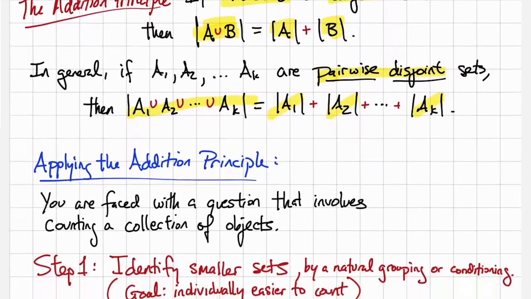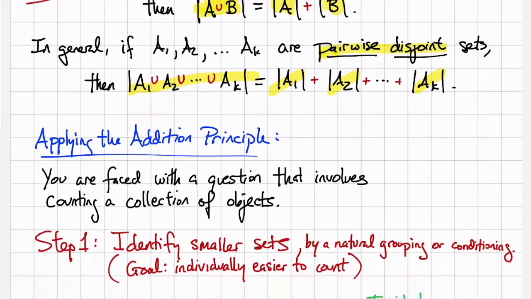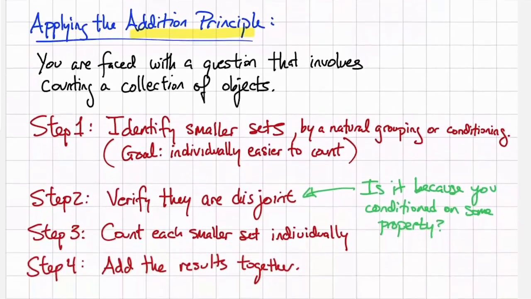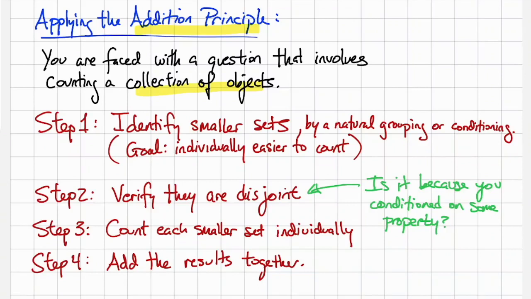So let's say you're in a situation where it makes sense to apply the addition principle. You have some question that involves counting a collection of objects. You should follow the following steps. Step 1, identify smaller groups of objects that are individually easier to count.